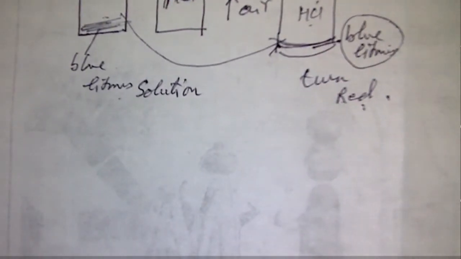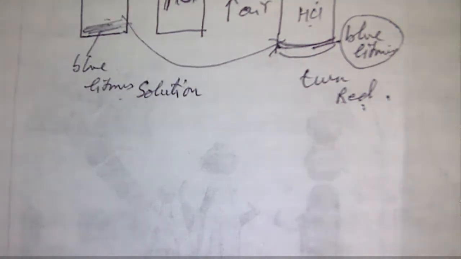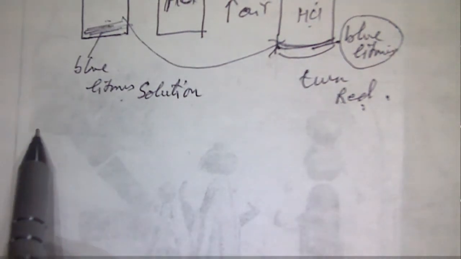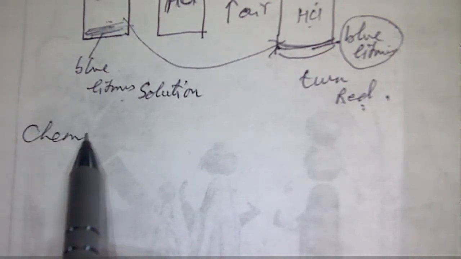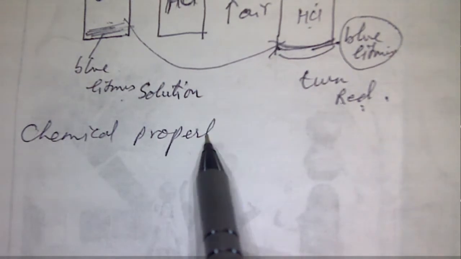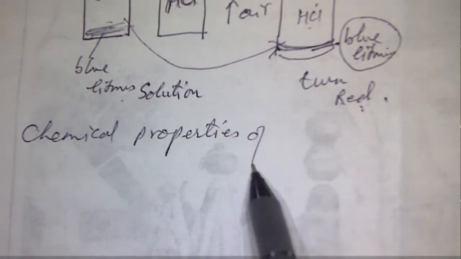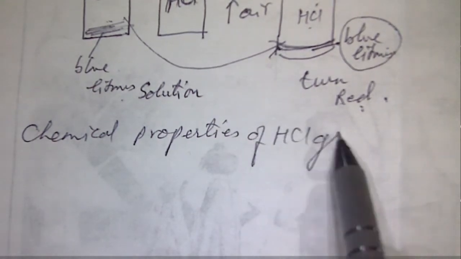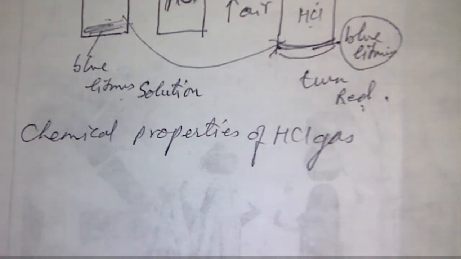Now look here. We had done physical properties. I gave you all the physical properties, then we proved two of them. Now we'll talk about chemical properties of HCl gas.